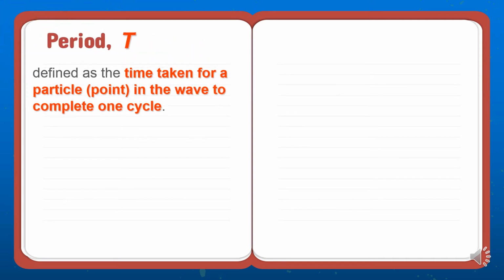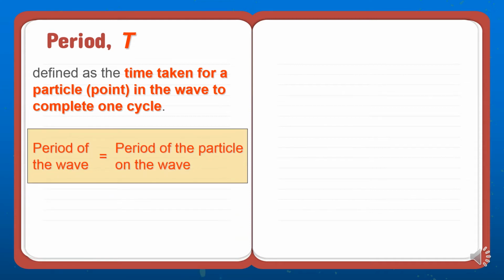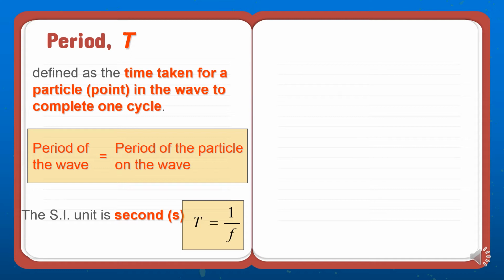Period is defined as the time taken for a particle in the wave to complete one cycle. The period of the wave equals the period of the particle on the wave. The SI unit is second. Formula: period equals 1 over frequency.